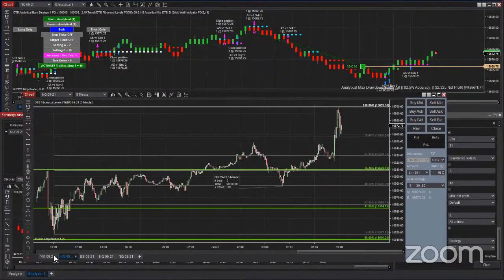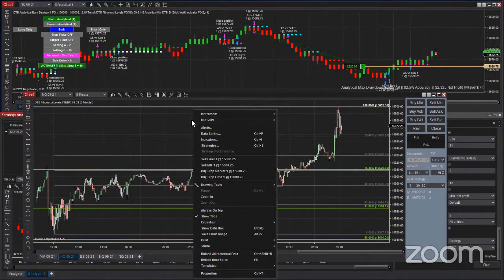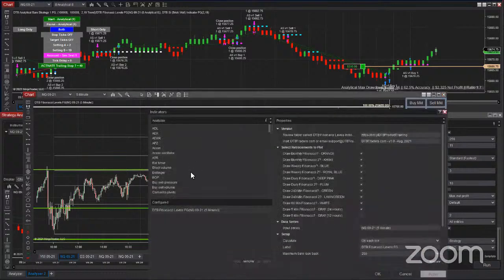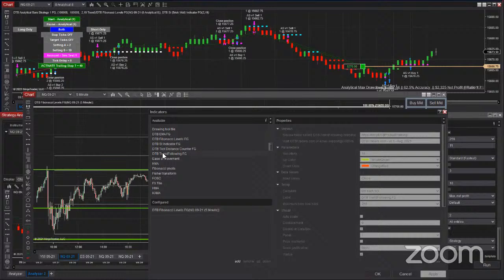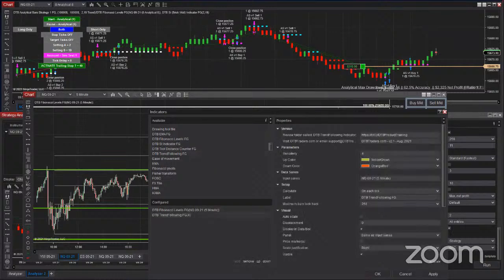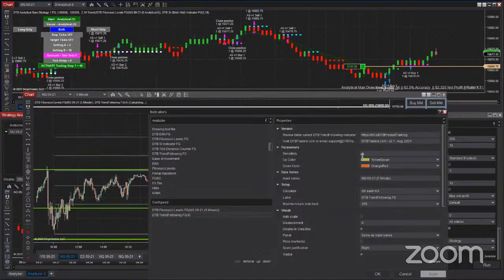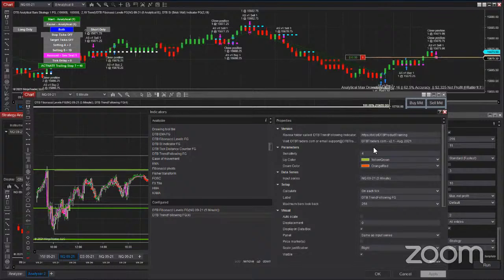So we're looking at the NQ. So you can go and add in an indicator like, obviously, we've got our trend following on this. So you can apply that. There's a few different sensitivity settings that you can use, so feel free to work on those. Probably like a 16 or something will be fine.